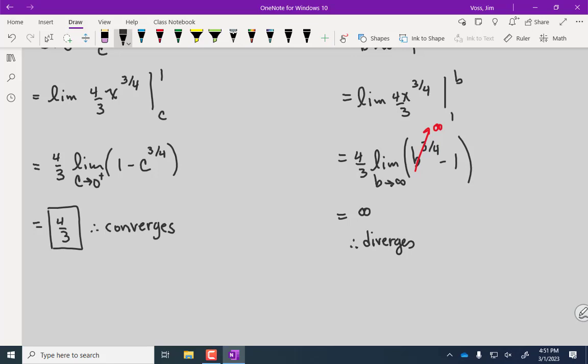Like if you have a function, let's suppose you have x squared and you want the limit at 1. If you take the limit of x squared as x goes to 1, it's equal to 1 because this function is continuous here. And if it's continuous, the limit and the value are the same.